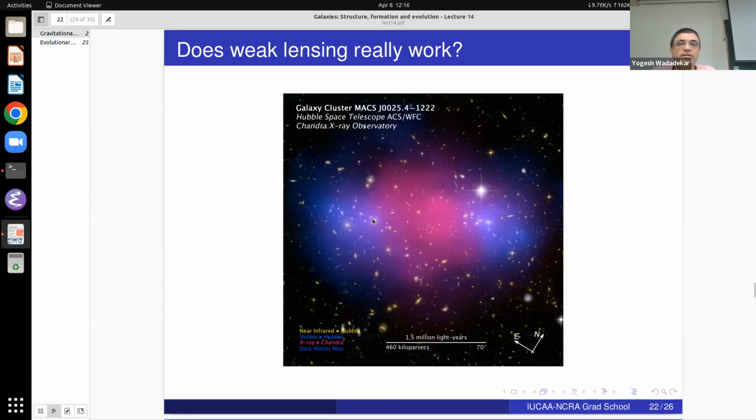And what you see here is the X-ray emission. Again, this is a pair of colliding clusters. The collision has pulled the baryonic hot X-ray emitting gas out of these two clusters, and it will gradually fall back. But the weak lensing model allows you to do this.